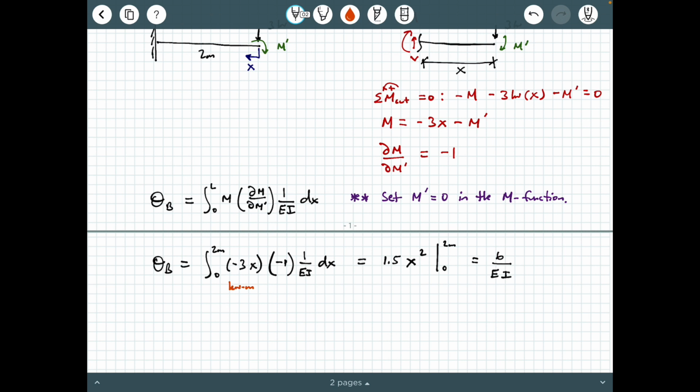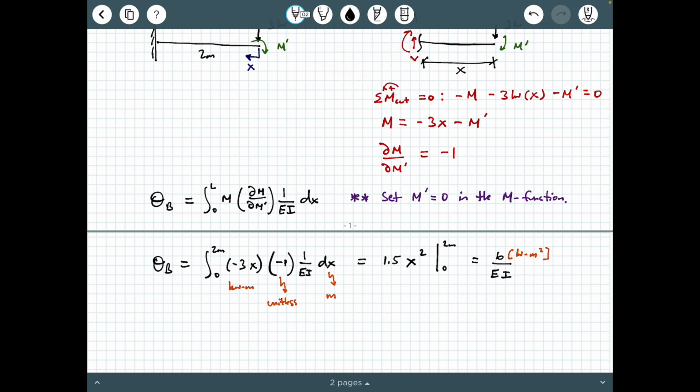What about this -1 here? This is going to be unitless. And so the dx then carries units of meters. And so the units of my numerator should be kilonewton times meters squared.